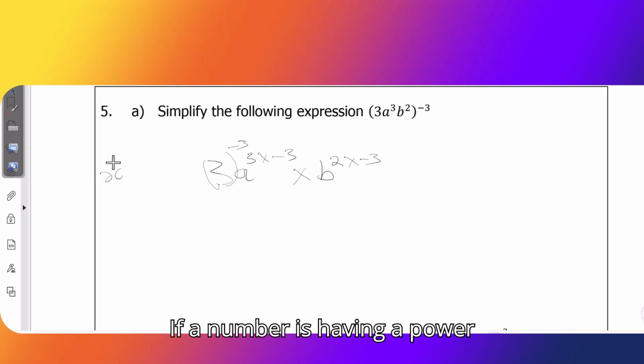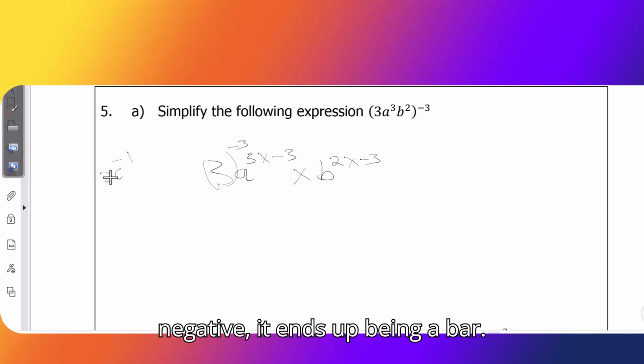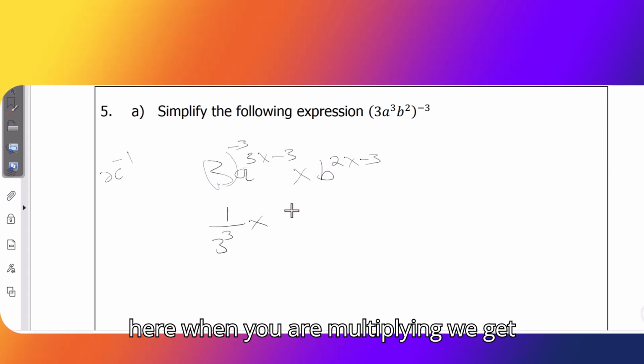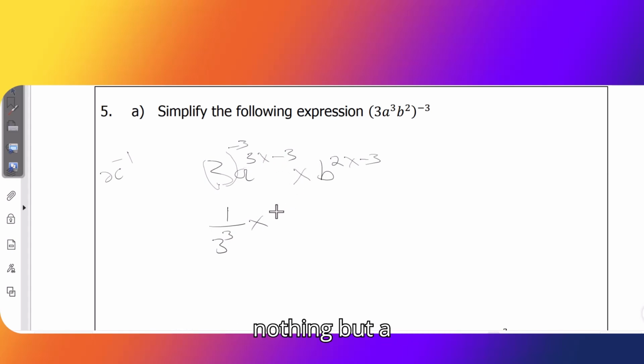If a number has a negative power, it ends up being a reciprocal. So we have it here, power 3 times, when multiplying we get a power minus 9 times b power minus 6.